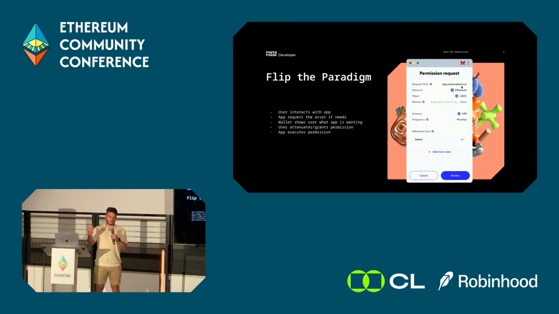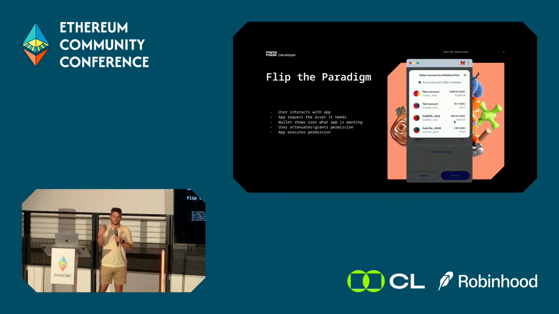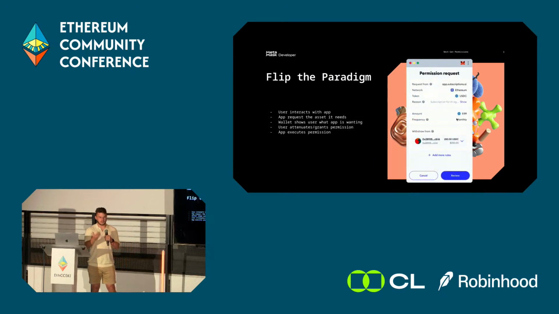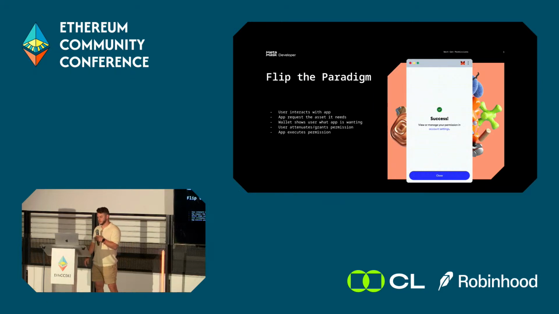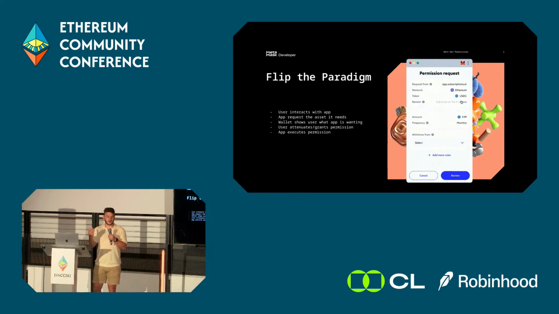The user says, deal, that sounds good. They click and grant that request. The wallet gives that back to the dApp, and then the dApp negotiates how to use that 10 USDC, which would include buying whatever it wants to buy. At the end of the day, the user has granted 10 USDC to be used, and the dApp's in charge of getting whatever that user wants in return.